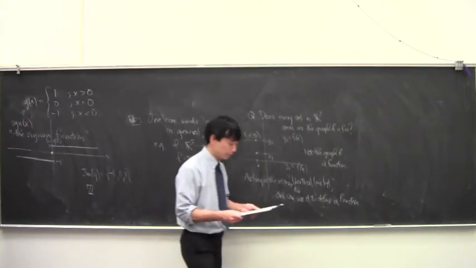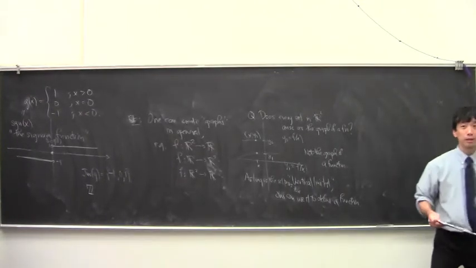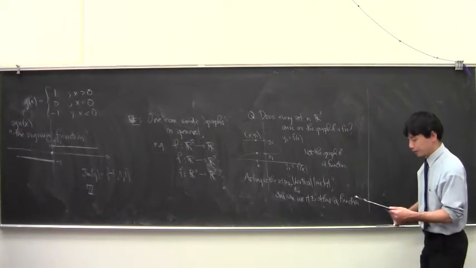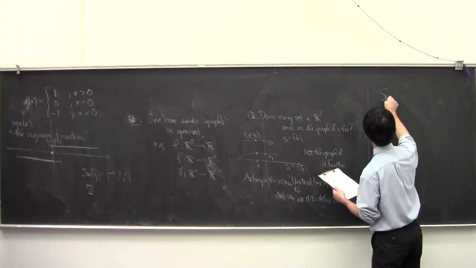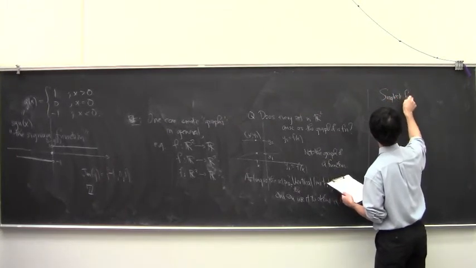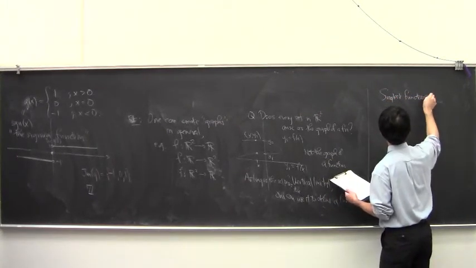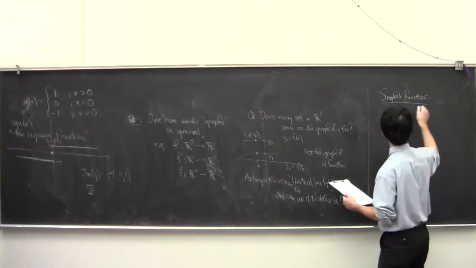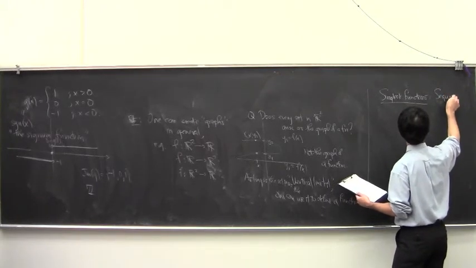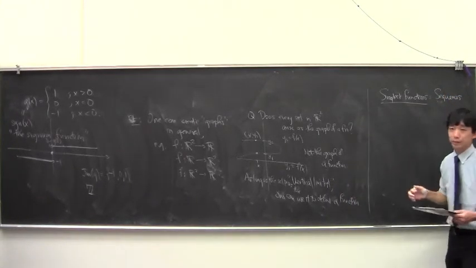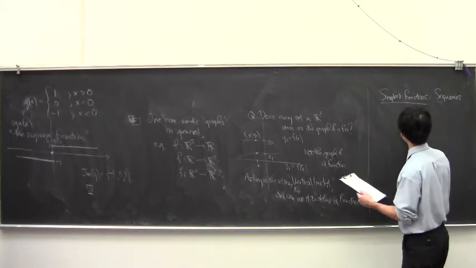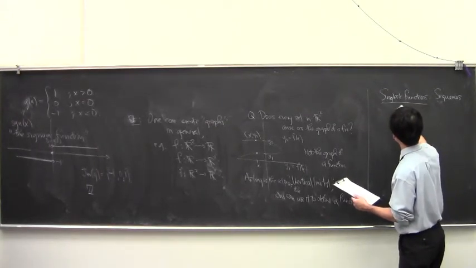Okay, so the last thing I want to introduce is the simplest sort of function. Maybe I should have done this first, but I'm going to do it now. The simplest sorts of functions for us will be sequences. These are functions that associate outputs to numbers 1, 2, 3.